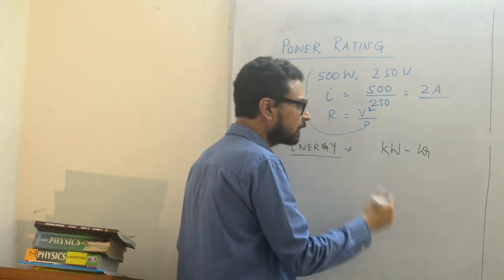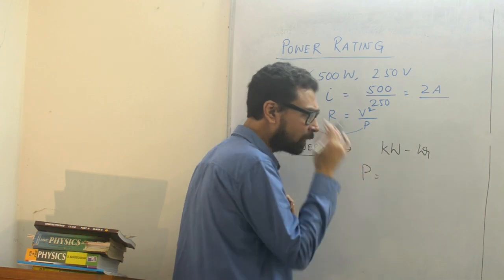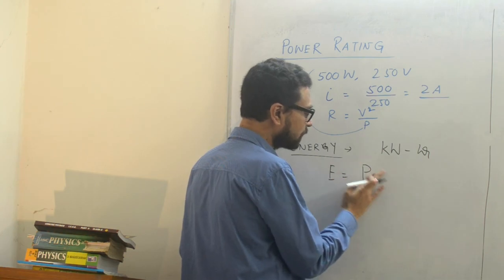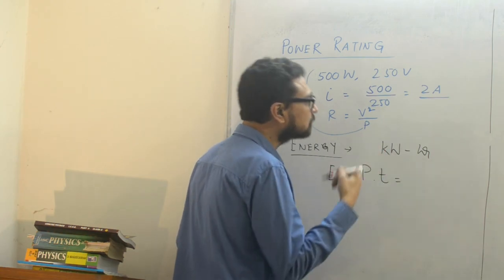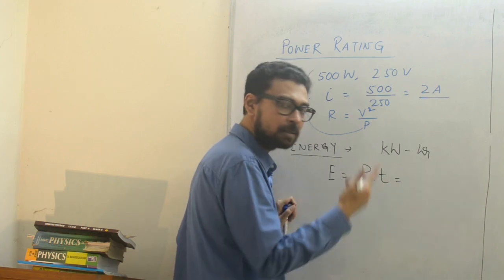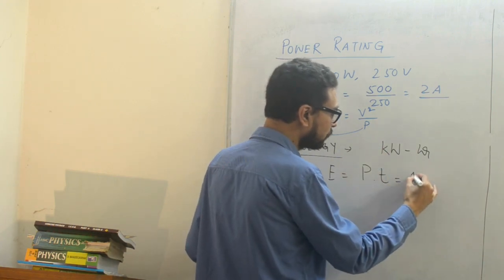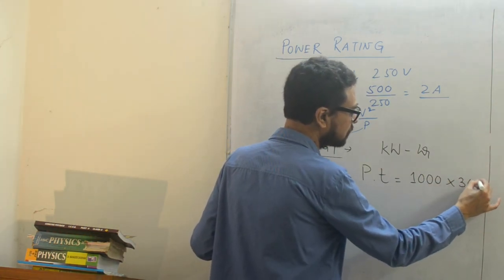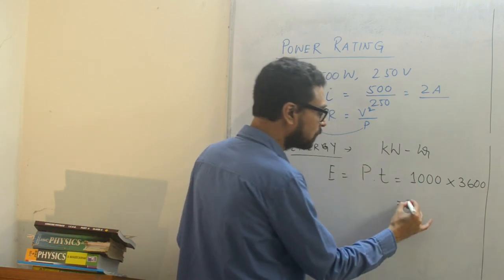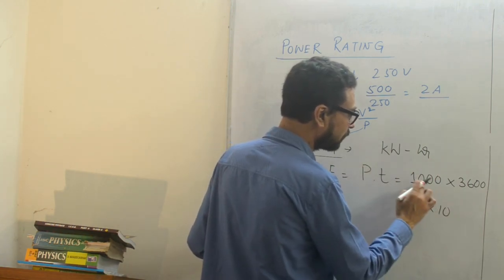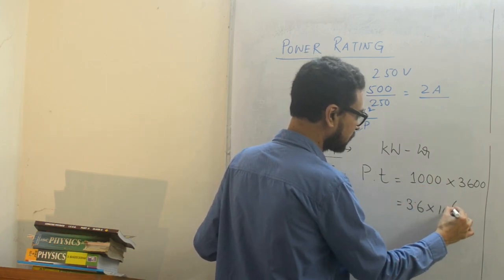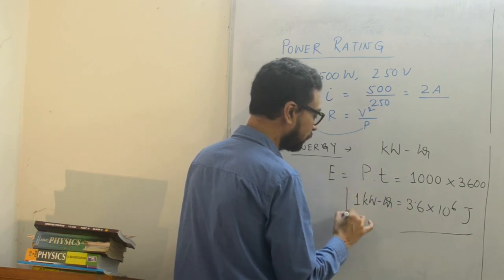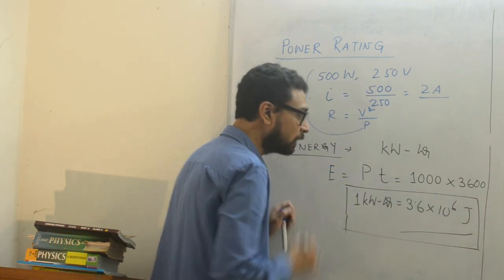Power is work by time, so energy is power into time. So 1 kilowatt hour is 1000 watt into 3600 seconds. If I calculate it in joule, it is equal to 3.6 into 10 to the power 6 joule.